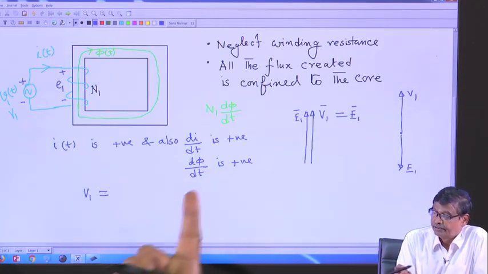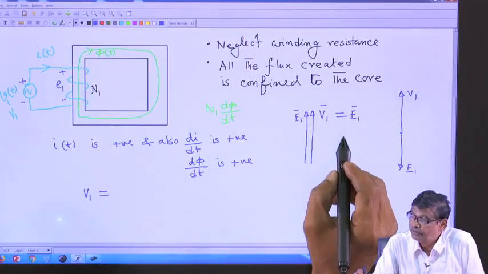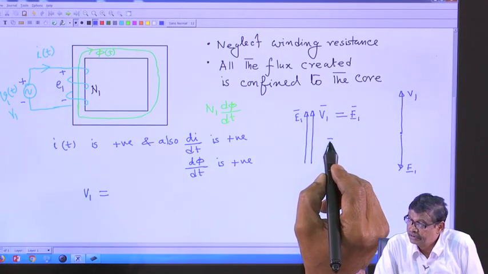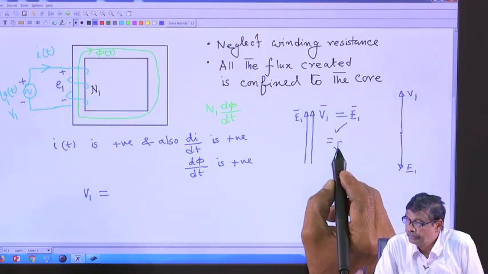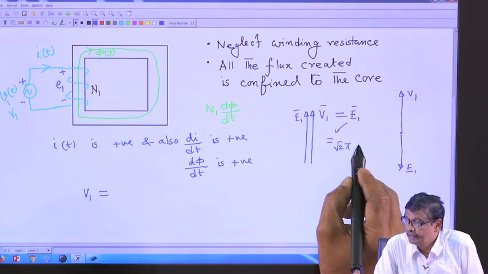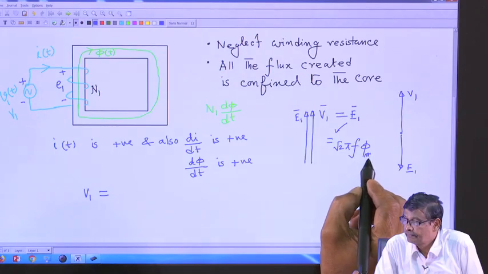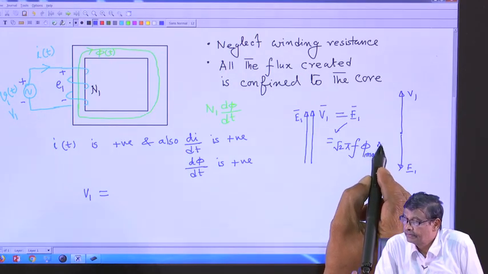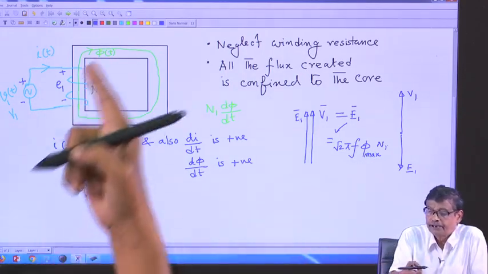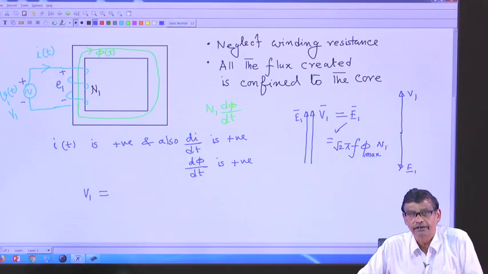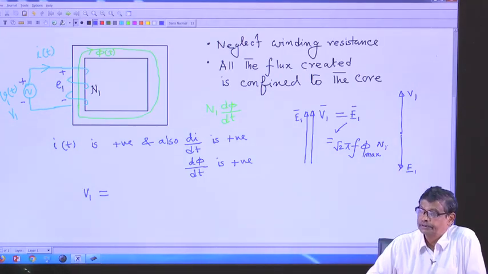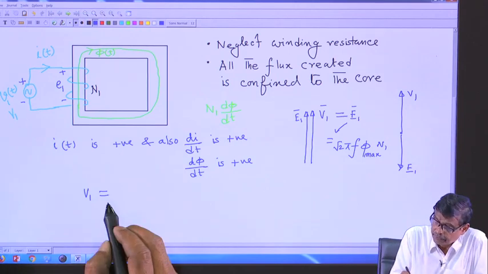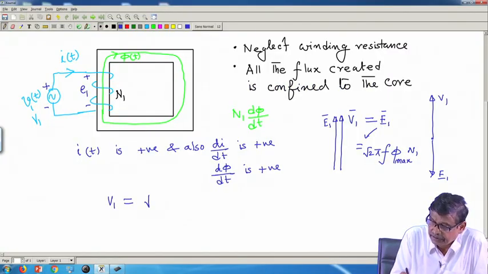In my last class, I showed the RMS value of this induced voltage is nothing but root 2 pi f phi max into N1. What is phi max? Phi max is the peak value of the sinusoidally varying flux. So, this is the equation. Therefore, this equation is true.